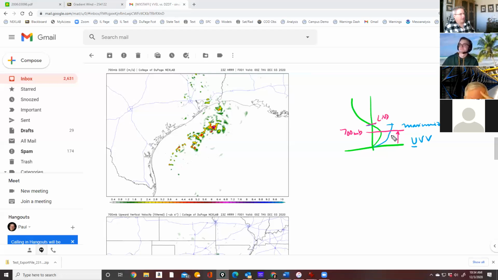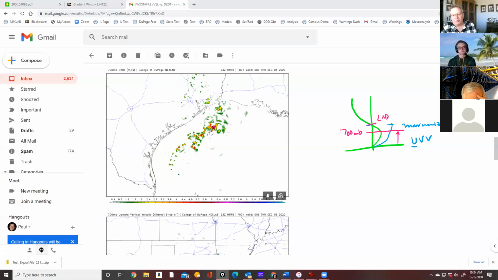Convecting? Well, it is convecting, but what else must the vertical motion be doing? Accelerating. It must be accelerating, right? Rapid acceleration. So we use these products, especially this product, at a convective allowing model to show me where I think the low-level updrafts are strongest.